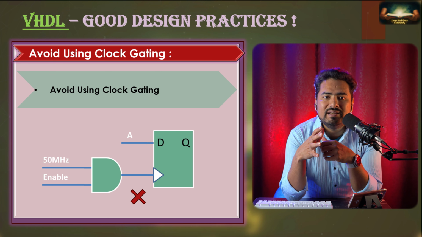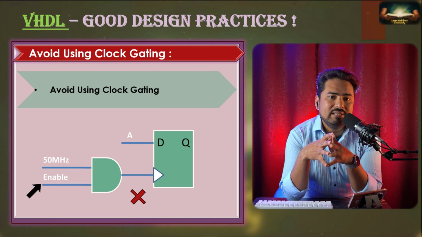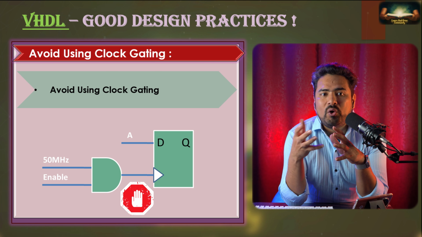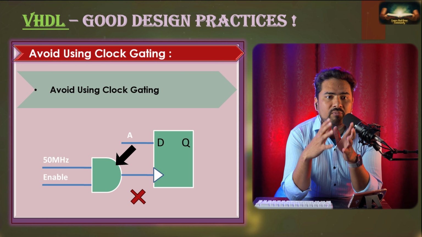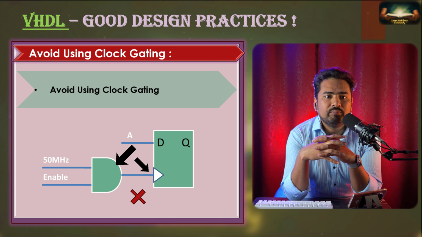Here the goal is to capture input A only when this enable signal is applied. This method is not recommended because these additional logical gates before the clock signal will add logical delays in your clock path.